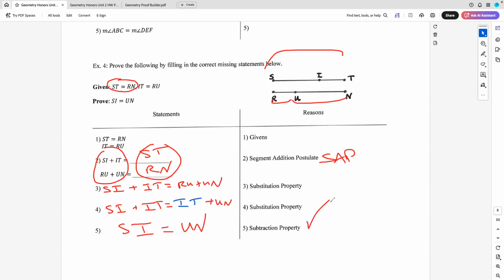Oh, this one is given. Yes, RS plus S, and RS plus P. That's reflexive, I don't know.